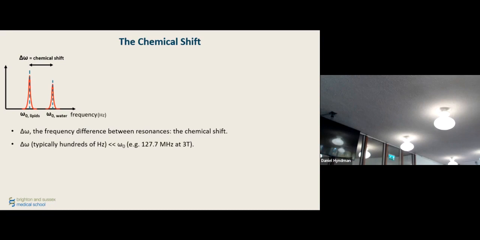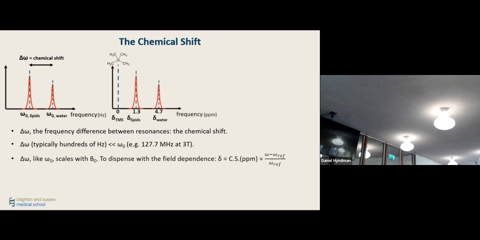And this is why when we try to express it in percent or a relative difference, we're talking not about percent, but about parts per million. And this is the reason why we see the ppm scale on an NMR or MRS spectrum.